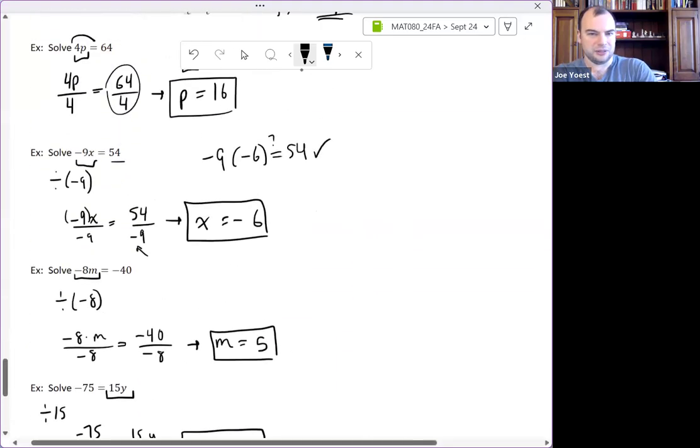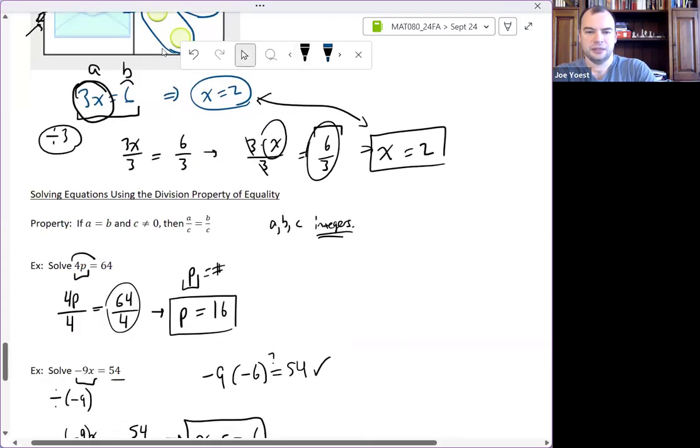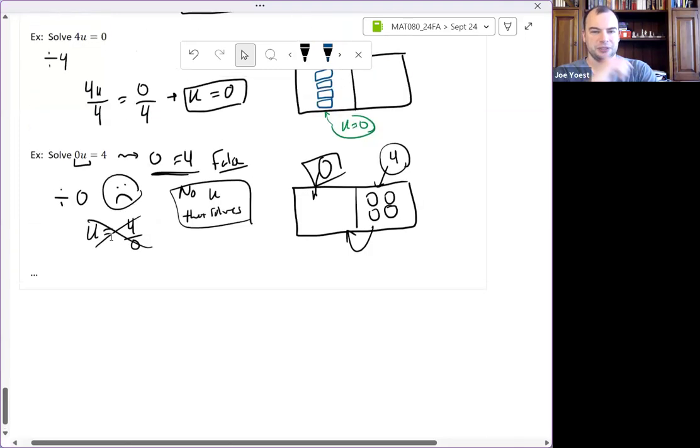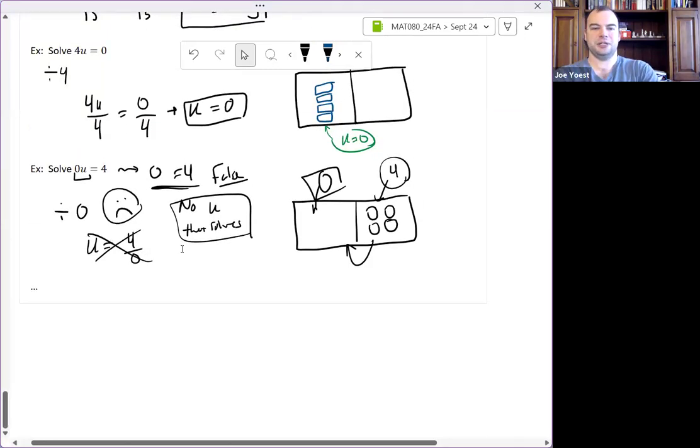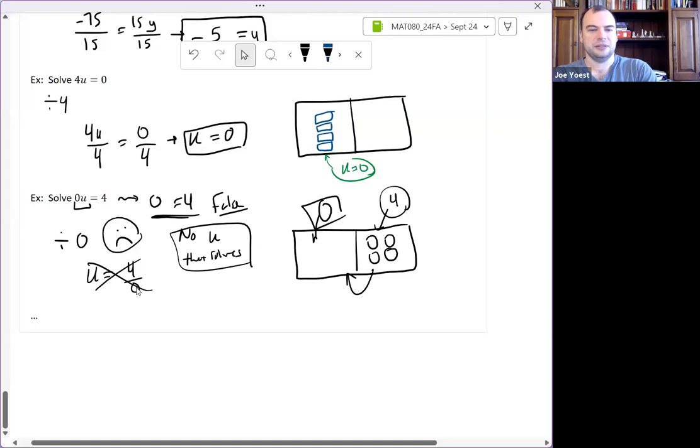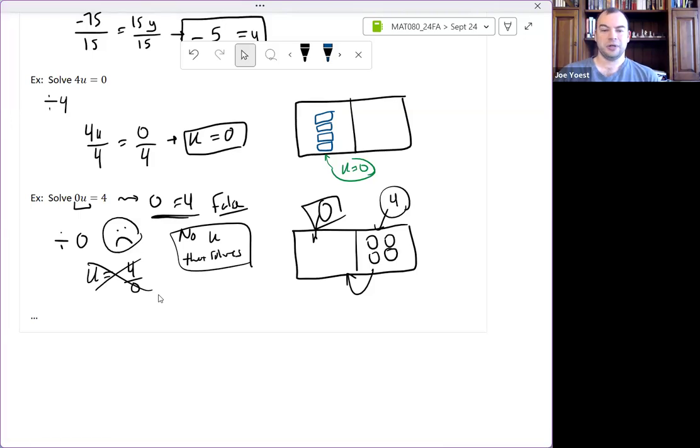So I need to be a little careful, right? I have to really take to heart this restriction that c cannot be 0. If I just flippantly try to divide by 0, hopefully I would get to 4 over 0 and realize, oh, okay, wait, something went wrong. I divided by 0. But if I was being a little too fast and loose with things, I might do 4 over 0 and think that that's 0. 0 over 4 is 0.